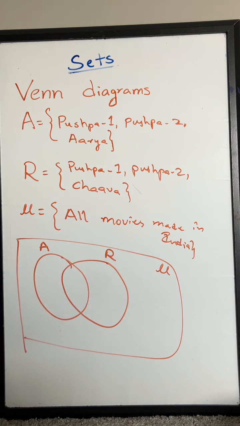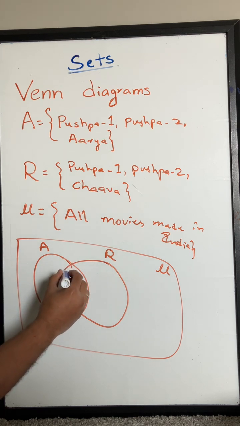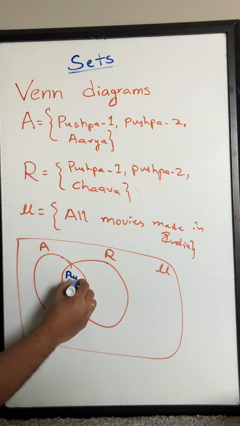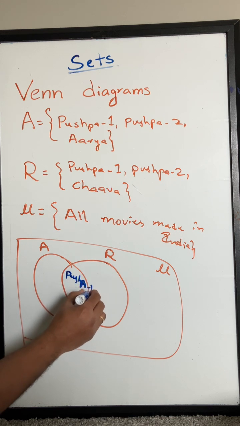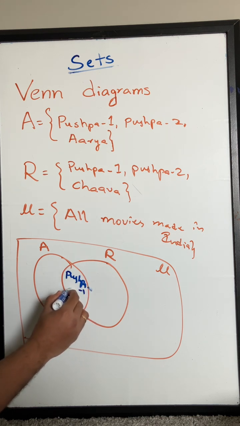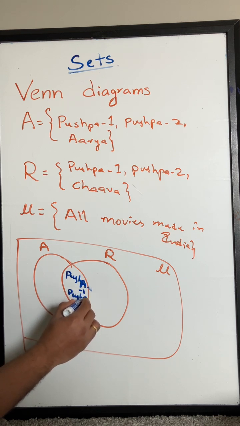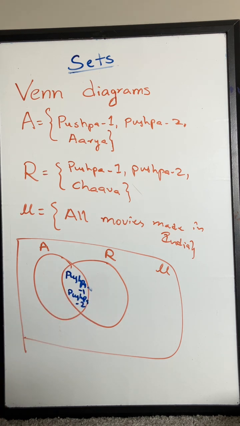Inside the common area, let's write the movies Pushpa 1 and Pushpa 2. These two movies are common to Allu Arjun and Rashmika.